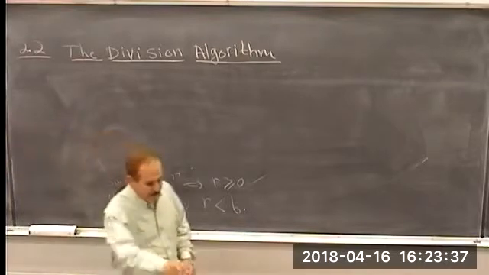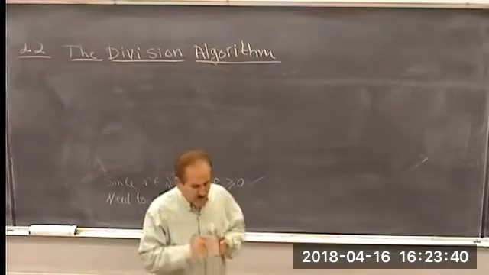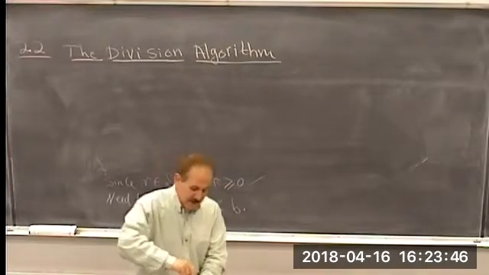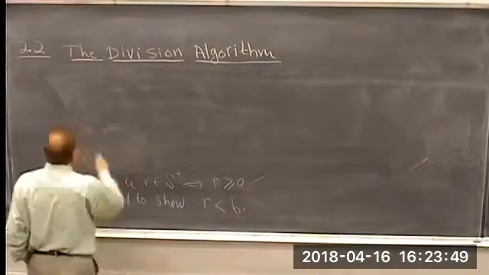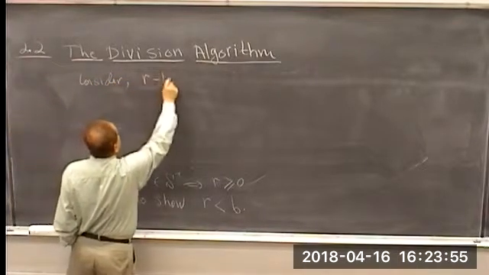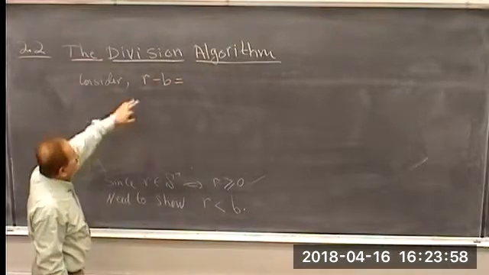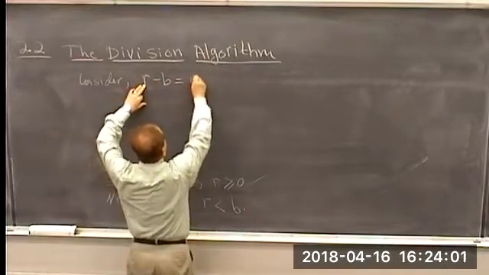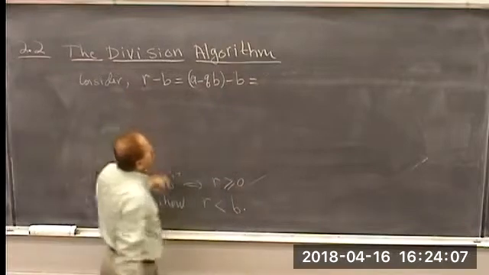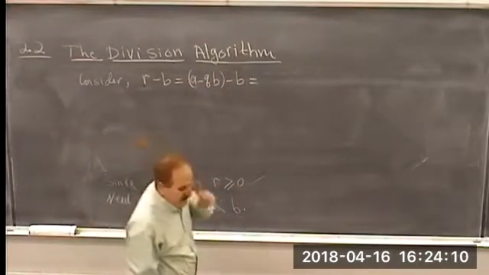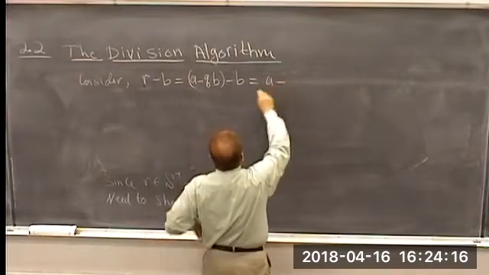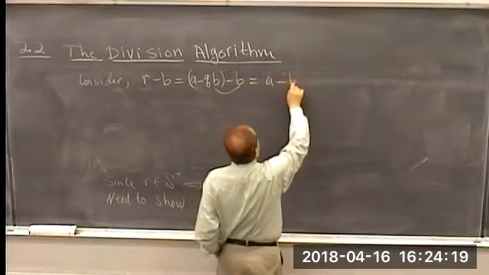We need to consider R minus B. By definition of R, remember, it's A minus QB, minus B. Let me rearrange this so that I can write it as A minus, then take these together and factor a B out of it.